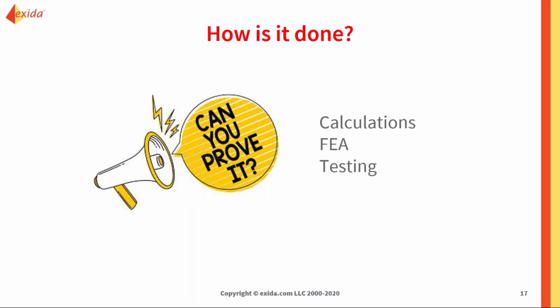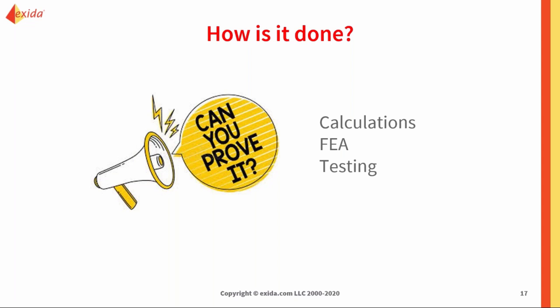So now, how is it done? Well, we go back to the standards, IEC 61508 and IEC 61511, and they say no matter what you do, no matter how good you do it, if you can't prove it through documentation, it wasn't done. So, no matter how wonderful you make your device, it doesn't matter if you don't document it.